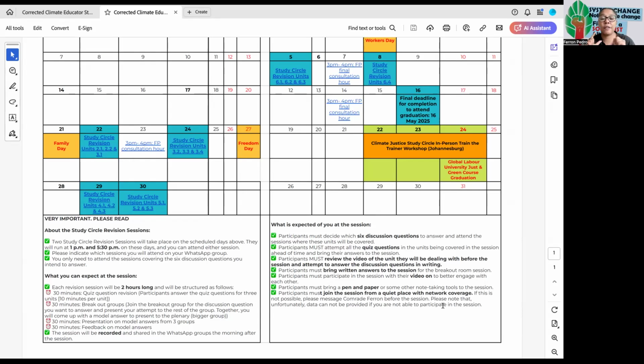And then just the final word is that if you don't want to come to a study circle session, or maybe there are two units that you want to cover, but they're happening on the same day, and you can't come to the session that you are covering, you're also welcome to join the consultation hours.